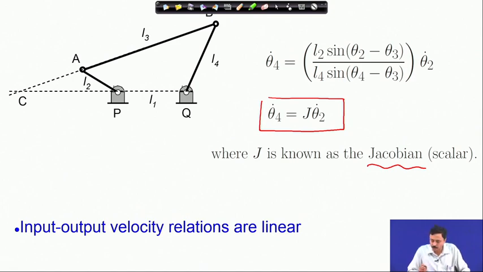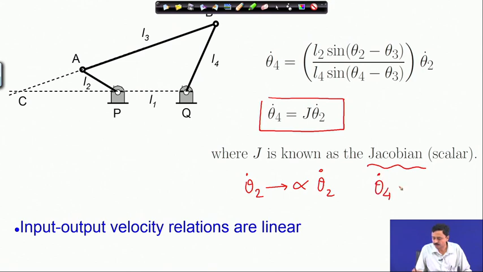It is interesting to note that the velocity relations are linear between theta 2 dot and theta 4 dot. So, if I scale theta 2 dot by a certain quantity, theta 4 dot gets scaled by the same quantity. In other words, if theta 2 dot goes to alpha times theta 2 dot, then theta 4 dot goes to alpha times theta 4 dot.